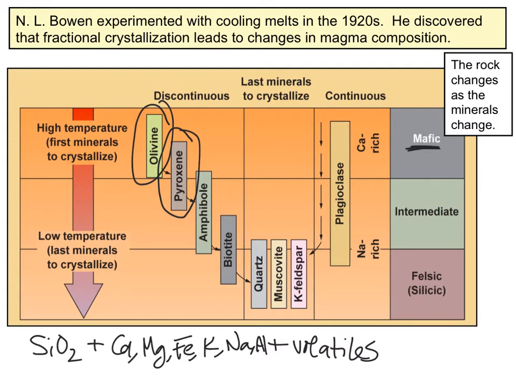But as you allow your melt to progressively cool, then you can start to crystallize more and more felsic minerals, culminating in the most felsic minerals of all, which are these here. Okay, so not surprisingly, quartz, which has a chemical composition of SiO2, is one of those very felsic minerals.